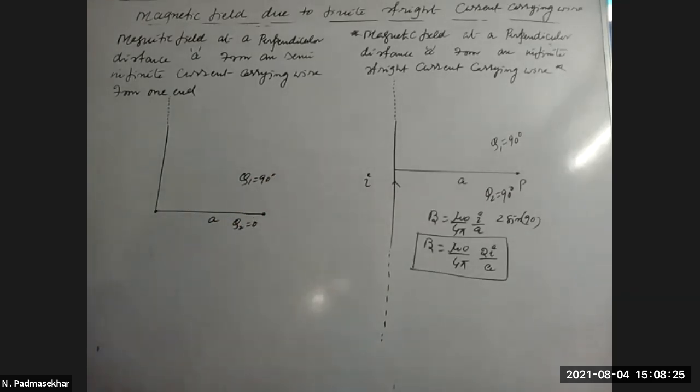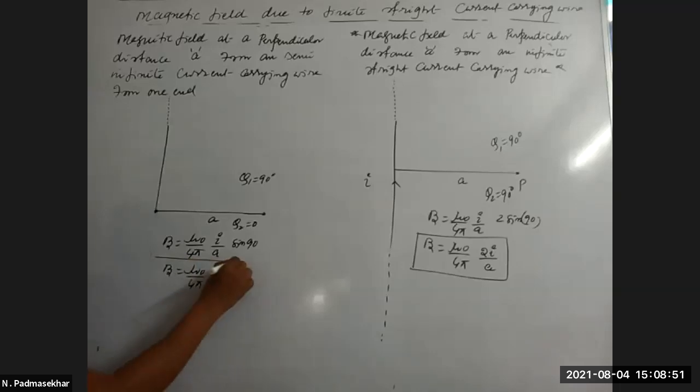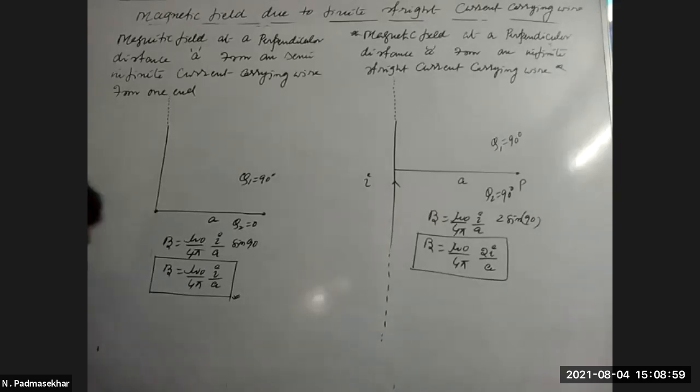B is equal to mu naught by 4 pi, I by A, into sine 90. Sine 90 is equal to 1. So B is equal to mu naught by 4 pi, I by A. This is the magnetic field due to a semi-infinite wire.